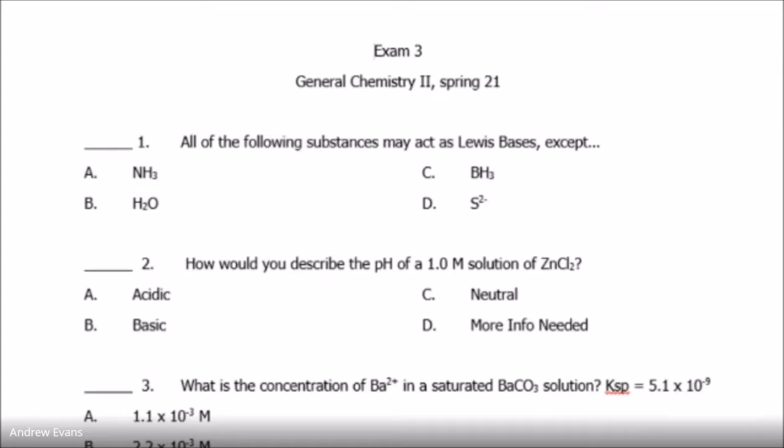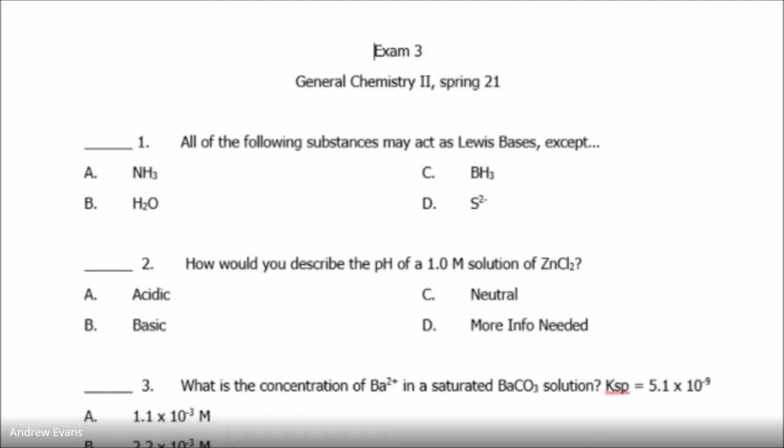So you need to split this into a cation, anion pair and try to figure out if the cation would absorb base, the anion absorb acid, would both absorb acid and base, or would neither. So when you split this up, you get zinc 2 plus and chloride 1 minus.